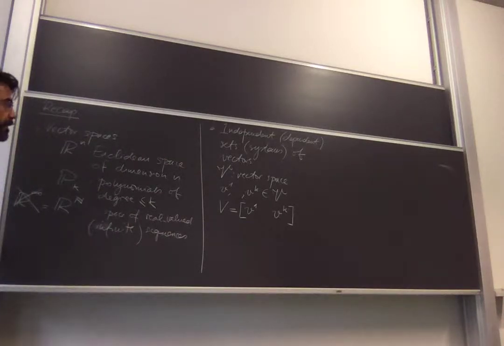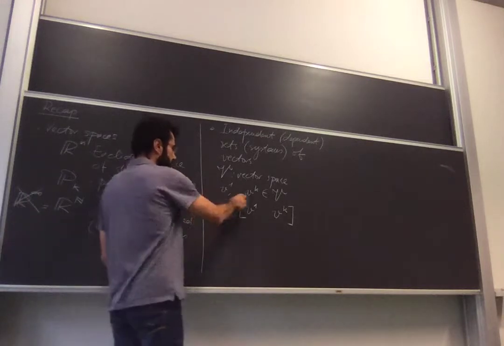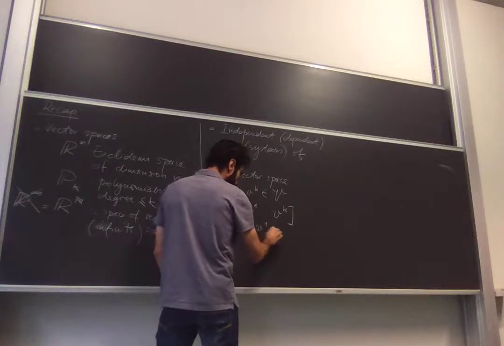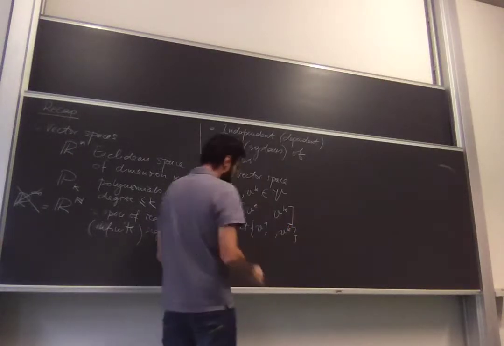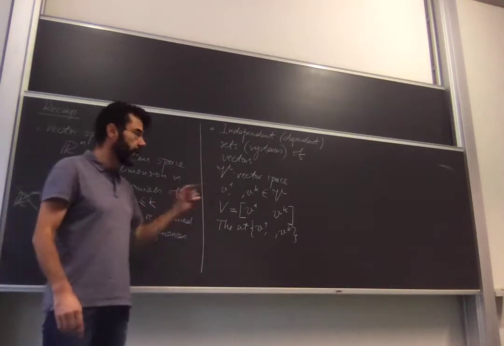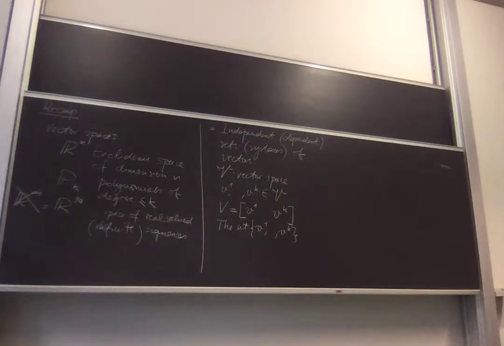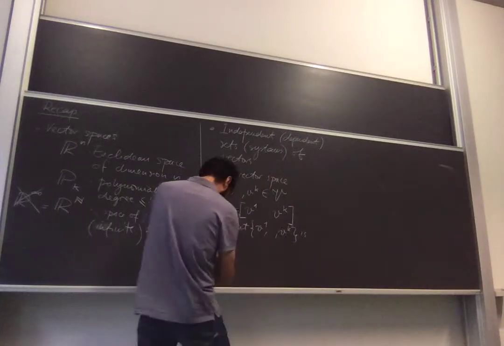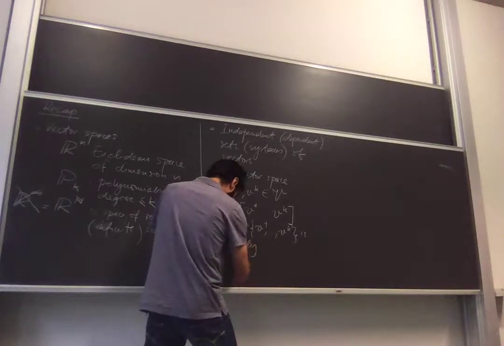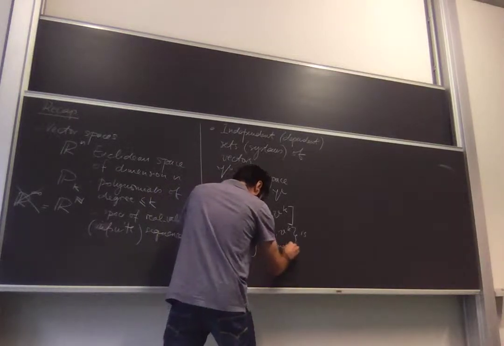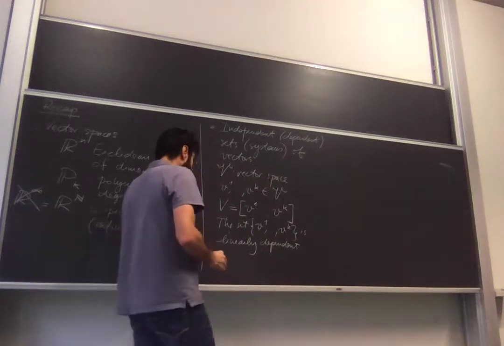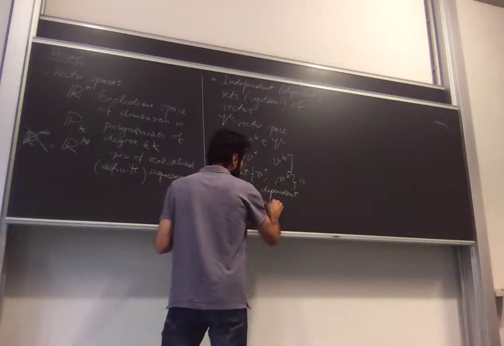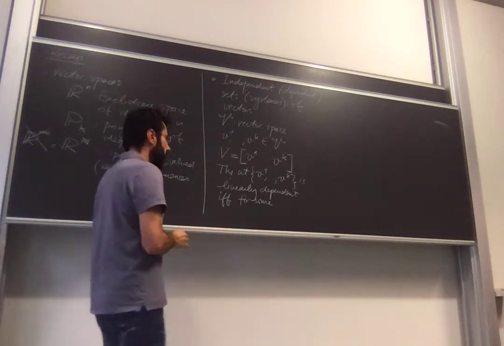And we say that v1, ..., vk, for this set here, and sometimes we just say that the matrix or the array V, is linearly dependent if and only if there exists some set of coefficients, let's call them lambda 1, ..., lambda k.